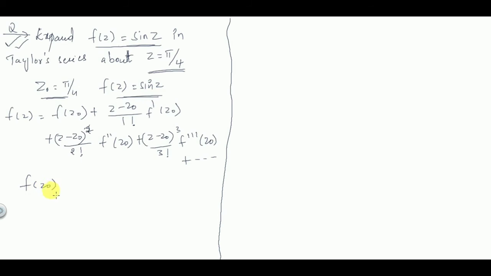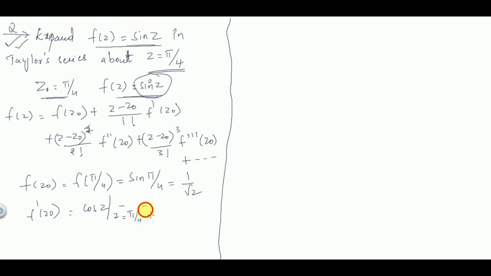F of z0 means f of pi by 4. Substitute z is equal to pi by 4 in sine z, so it will be sine pi by 4, which is 1 by root 2. F dash of z0 is cos z, so cos z at z is equal to pi by 4 is cos pi by 4, which is 1 by root 2.